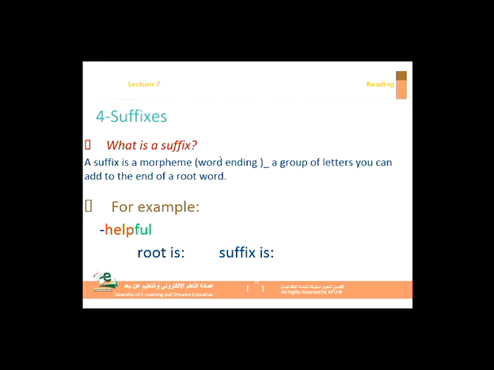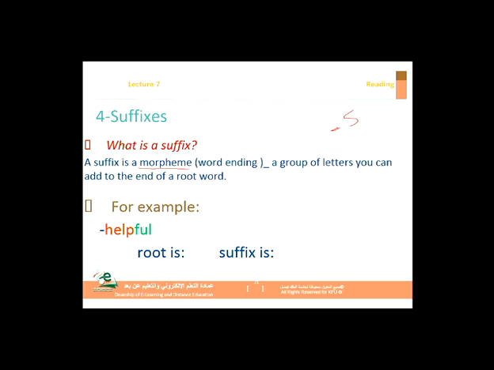So what is a suffix? A suffix is a morpheme. What is a morpheme? It's the smallest meaningful part of the language. So, for example, if you think of plural S, we have the word book, which is the root, and then you add S to that word.